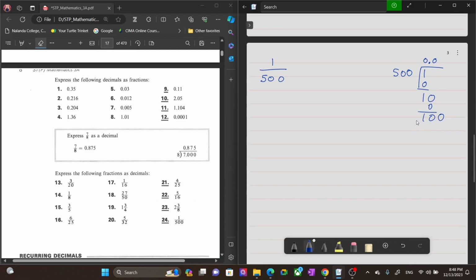Get another 0, 100. Are there any 500s in 100? No. We put 0. 500 times 0 is 0. Subtract, we get 100. We bring down another 0, 1000. How many 500s are there in 1000? 2. 500 times 2 is 1000. We subtract, we get 0. So the division stops. Now the answer is 0.002.